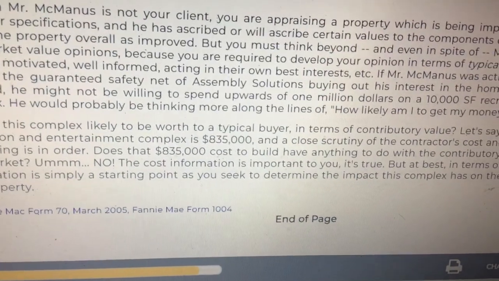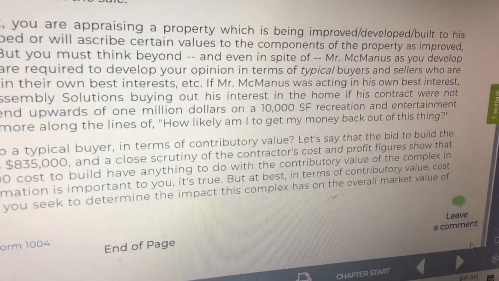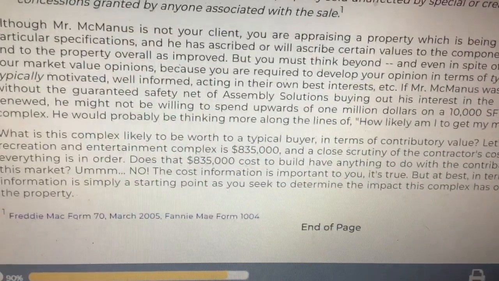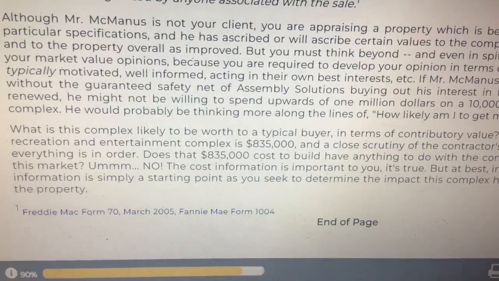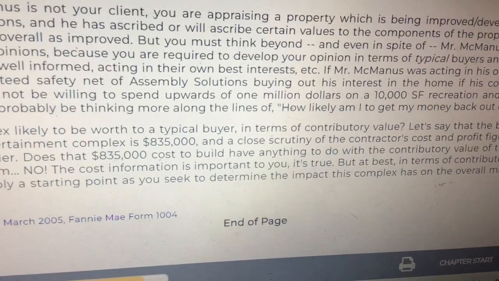Does that $835,000 cost to build have anything to do with the contributory value of the complex in this market? No. The cost information is important to you.